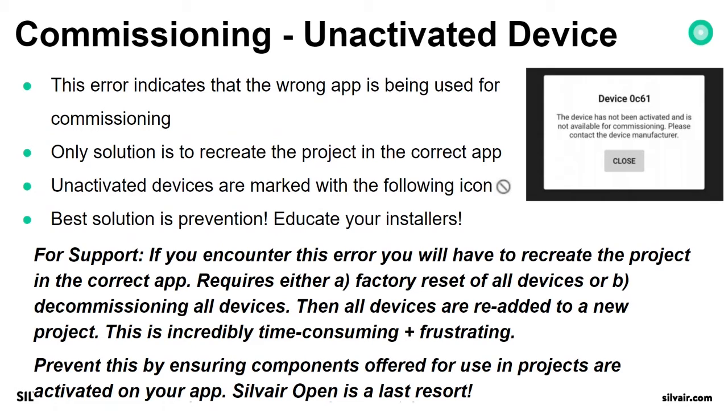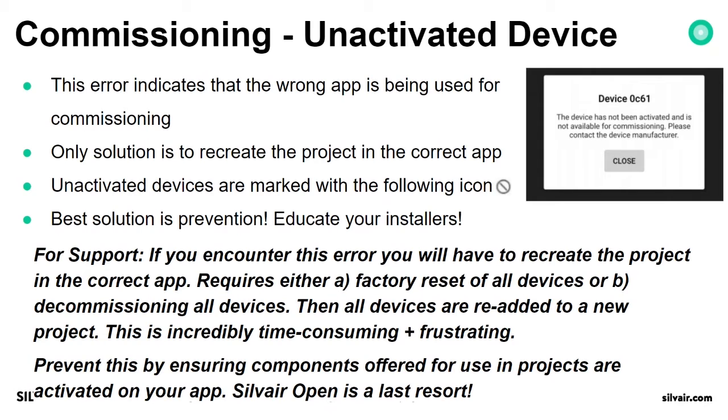This is an error for unactivated devices. This error indicates that the wrong application is being used for commissioning. The only solution is to recreate the project in the correct application. So this happens sometimes as someone is, for example, creating a project in the Silvair web application, but actually installers are working on some of our partners' branded application.